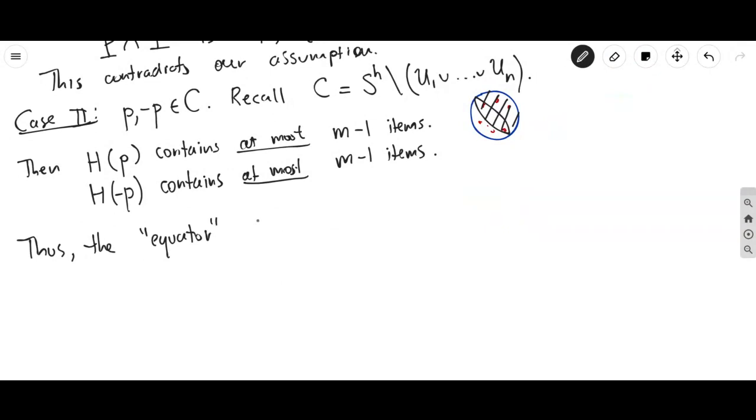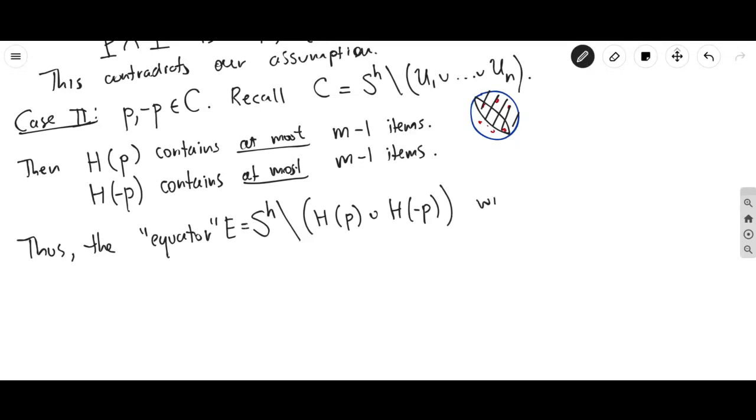The equator would then be S^h, take away H_P union H_minus P. Keep in mind that these are open hemispheres. So that's one side of it, that's the other side of it. So the last remaining piece is the equator. Let's call this E for equator.